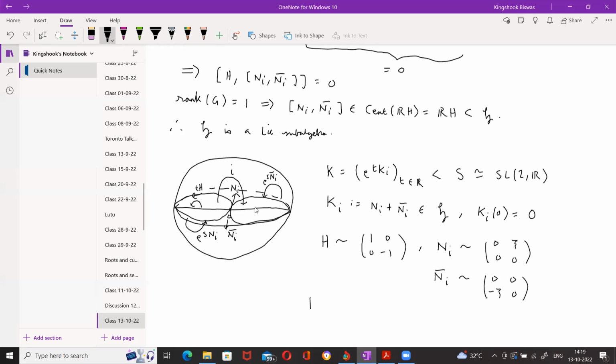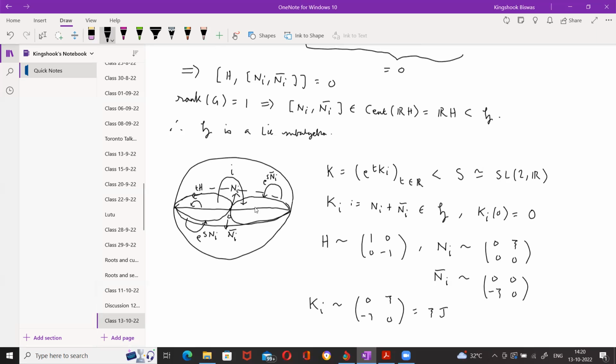And when I take the sum K_i, which is N_i plus N_i bar, this will be identified with the matrix (0, xi, minus xi, 0). So this is just a scalar multiple of rotation by 90 degrees, the matrix J. So when I take e to the tJ, I'll get all the rotations. Is it clear?